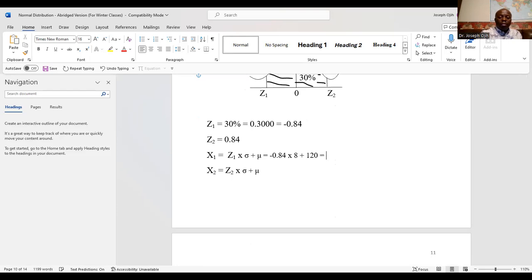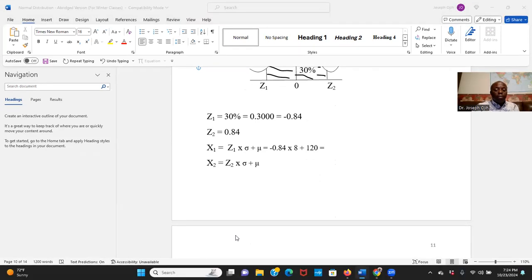And that will give us the answer for that. So I'm going to write this down so you can get it from the calculator: negative 0.84 times 8 plus 120. Let's put this in the calculator and we'll get our answer.